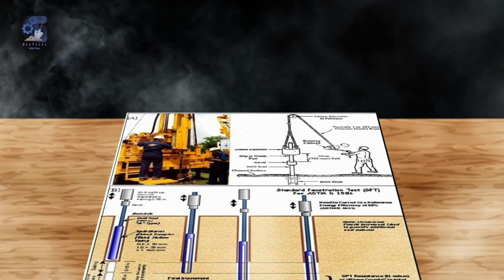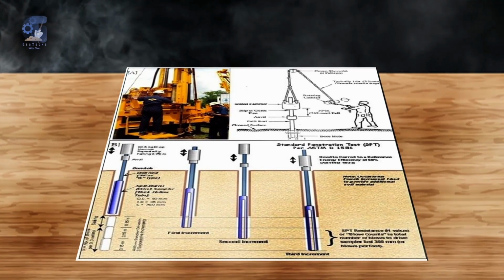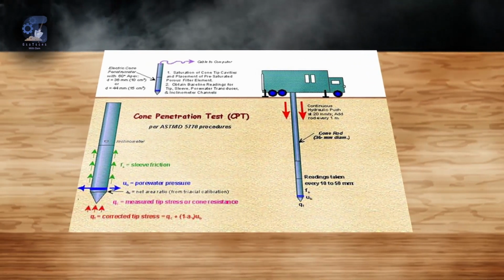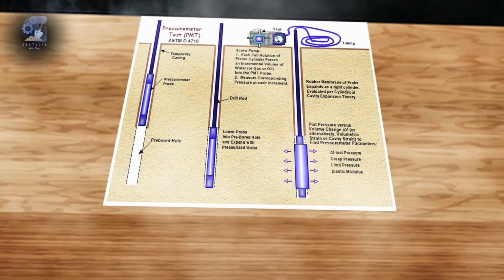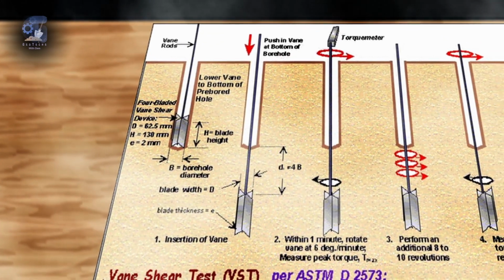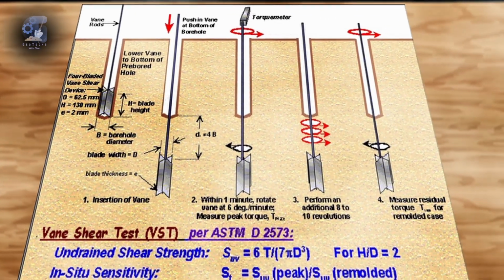The range of commonly used in situ tests includes the standard penetration test or the SPT, the cone penetration test or the CPT, pressuremeter, plate loading, vane shear, the in situ permeability, impression packer, and some lightweight probes.